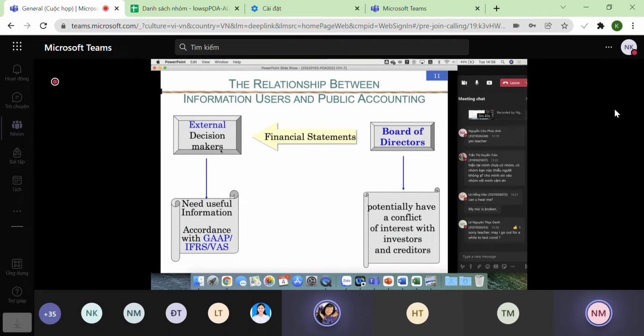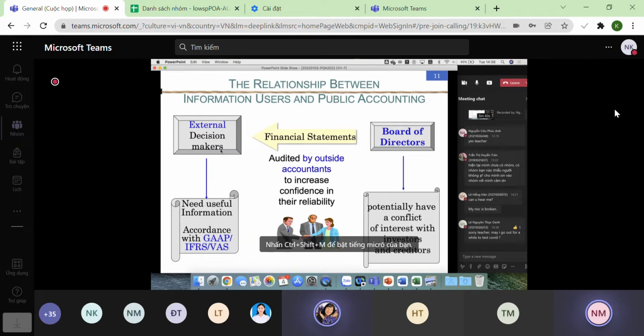That's the role of auditing. That is the role of auditing, to solve the problem. So the auditor needs to be independent and outside the company, right?